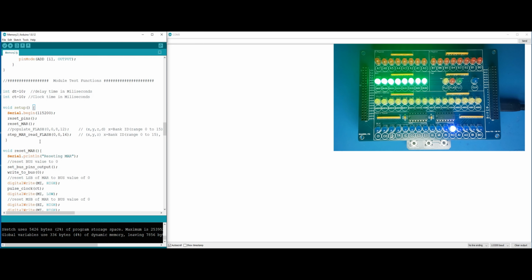Let's set the bank to 0, and also set the sector to 0, and we're going to read 16 bytes from our flash memory. Let's check this sketch, run it and see what will happen.